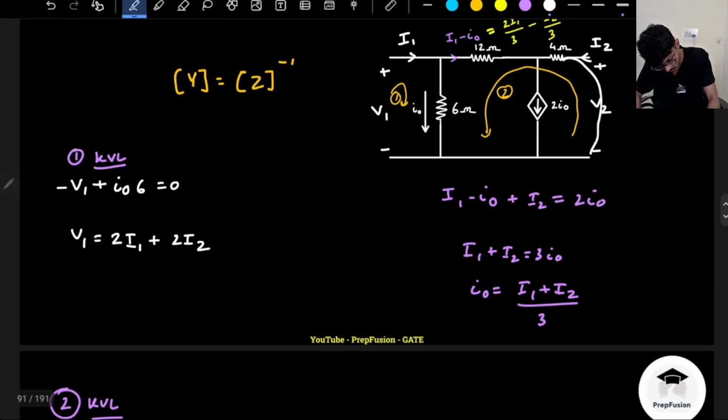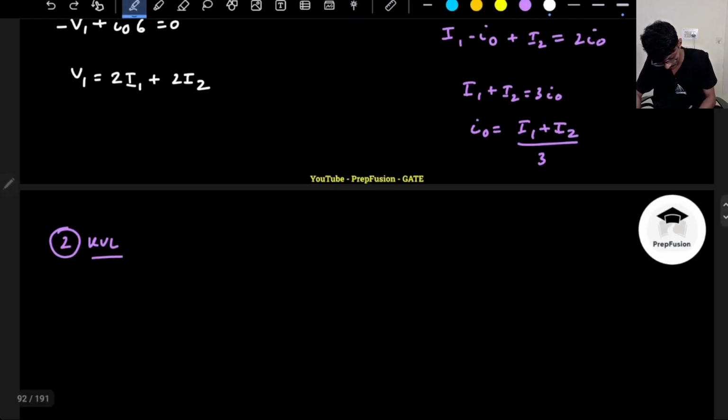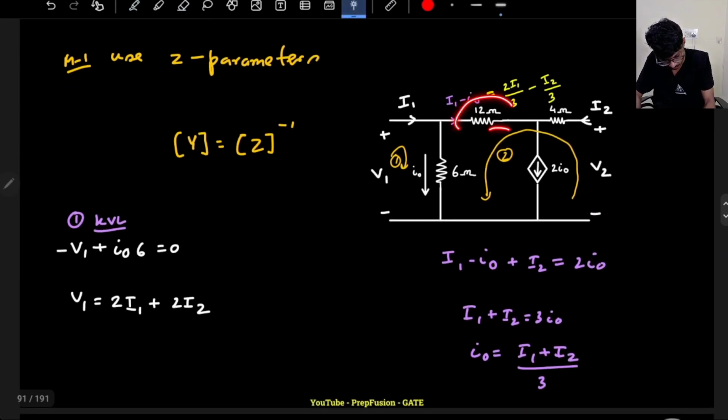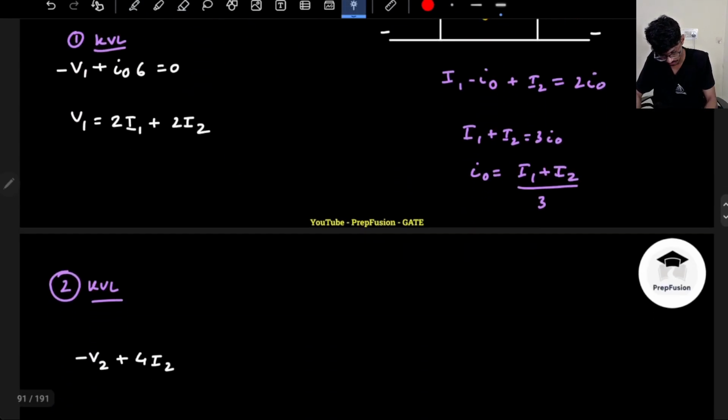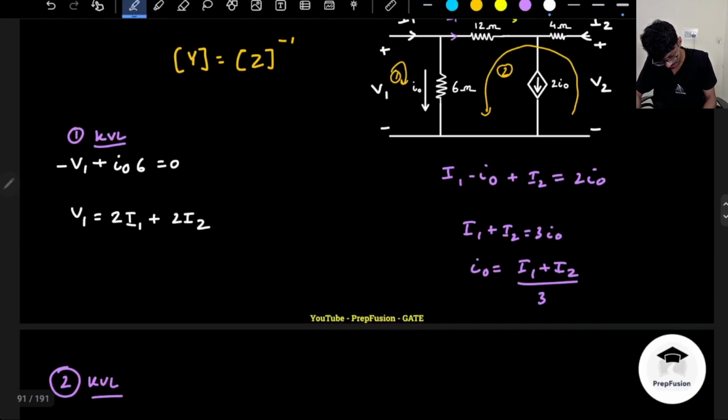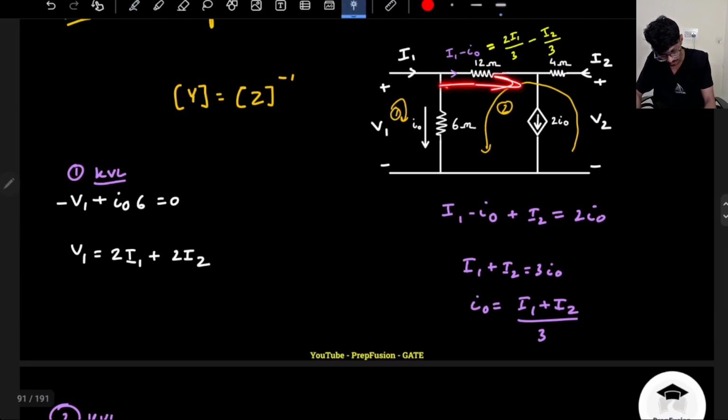So minus V2, then there is a drop of 4 into I2. So minus V2 plus 4 into I2. Then I have a drop of 12 into I1 minus I0. So now the current direction is opposite. I have assumed the current direction to be here, but it is opposite. So this is plus minus, so the negative sign is there. So of course I will choose the negative sign.